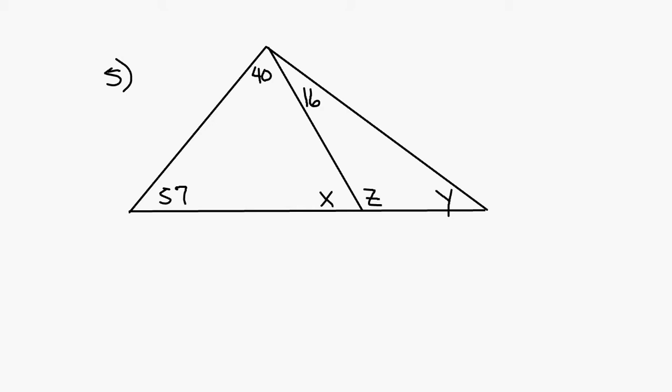But when you go to the multiple choice answer sheet, the values are going to be in a different order than x, y, z. So be careful when you're picking your answers.